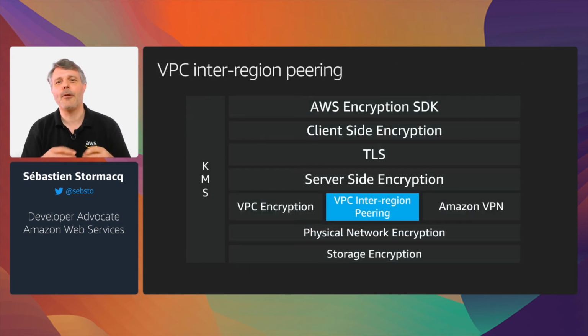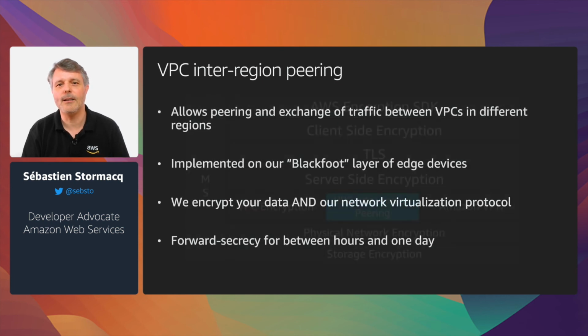We are also encrypting the data that is leaving a region. So if you have VPC peering across multiple regions, we do encrypt the data when it leaves a region, and we do that a bit differently than previously. We do that with specific hardware and software at the edge of our network. We call that system Blackfoot.